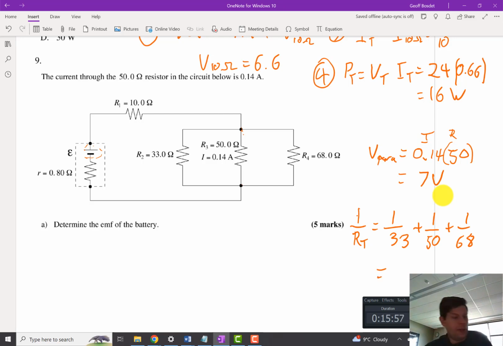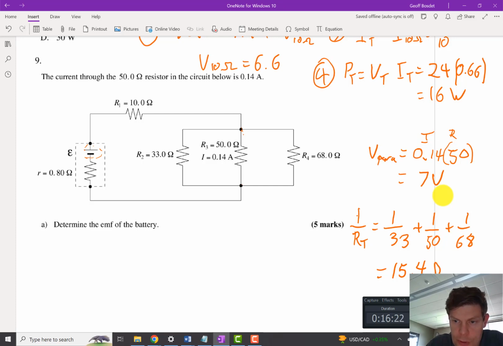So I'll go throw that in my calculator. Now I got 15.4.